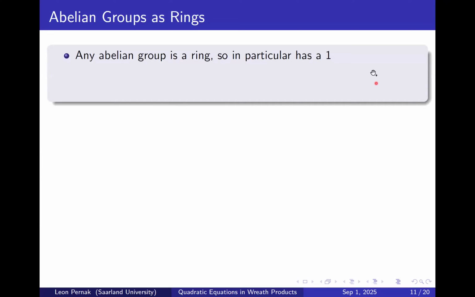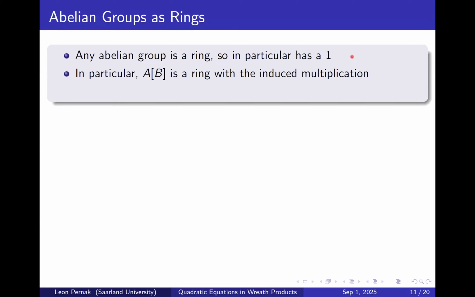And so in particular, it has a multiplication and a neutral element with respect to this multiplication. From now on, usually if I'm working with these abelian groups, I will write plus for the standard group operation, and then multiplication for multiplication in the ring structure.